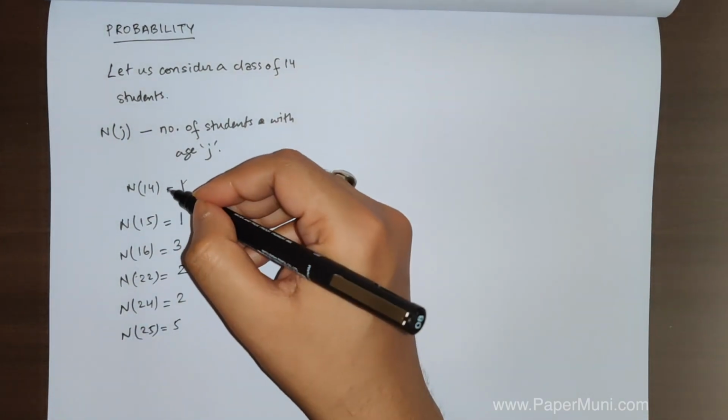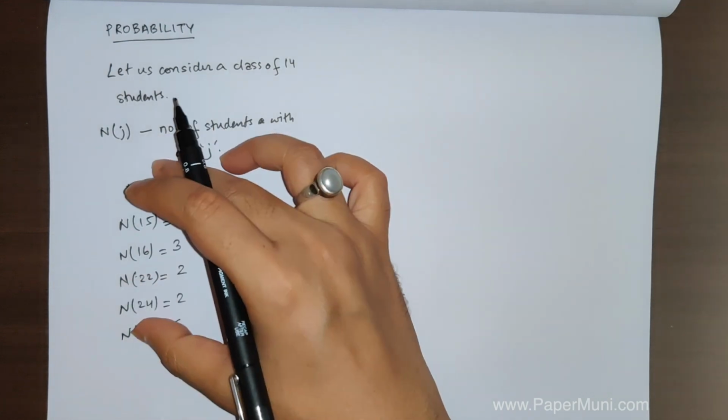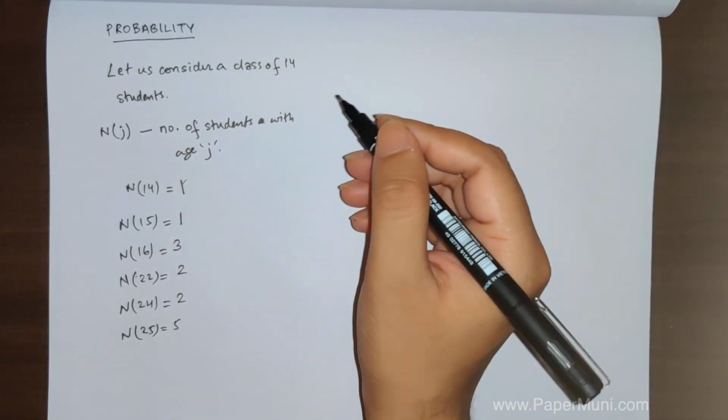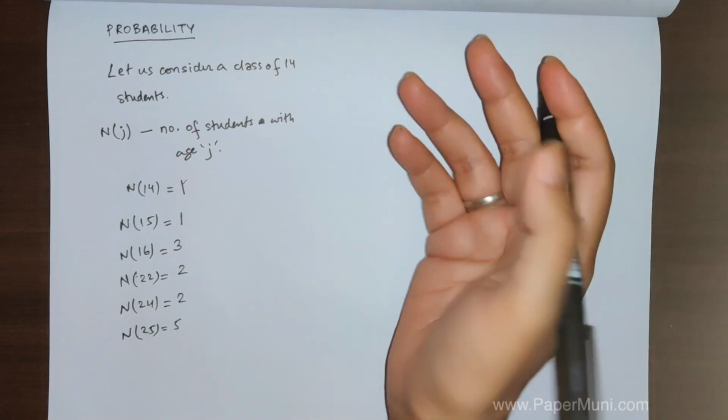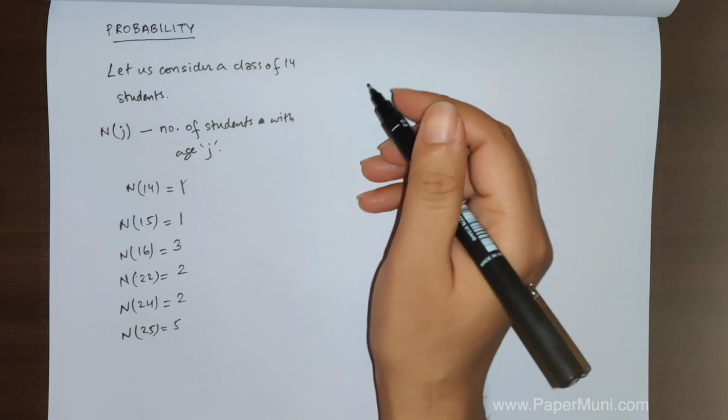Now this may not happen in a regular school or college, because this is a wide range, but it could happen in an online course. Some of you might be 16 in my class, or some of you might be 25.